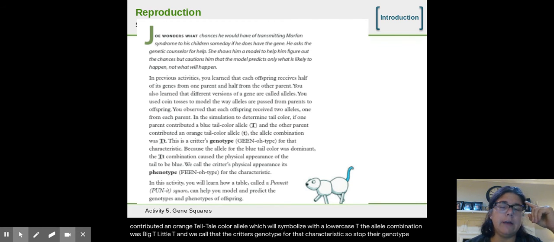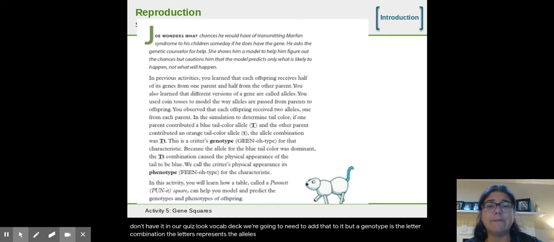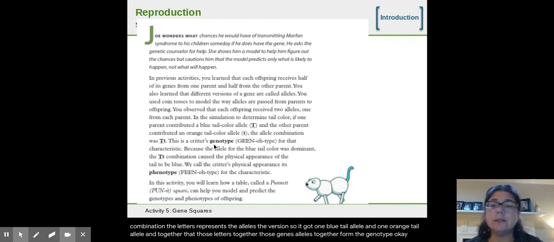Genotype. If we don't have it in our Quizlet vocab deck, we're going to need to add that to it. But a genotype is the letter combination. The letters represent the alleles, the version. So I got one blue tail allele and one orange tail allele, and those alleles together form the genotype. Okay? So now let's go back to the reading.